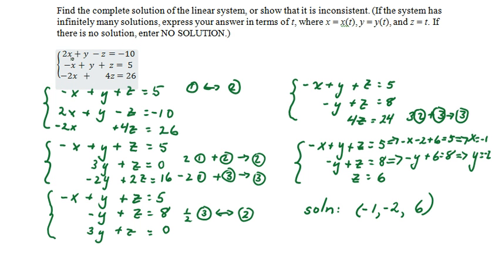In the second equation, 1 minus 2 would be minus 1, plus 6 would be 5. In the third equation, 2 plus 24 would be 26. And so, in fact, it does look as if we've got the right solution for the system.